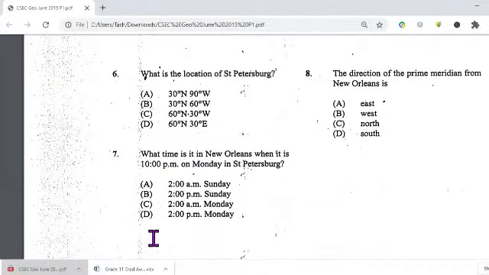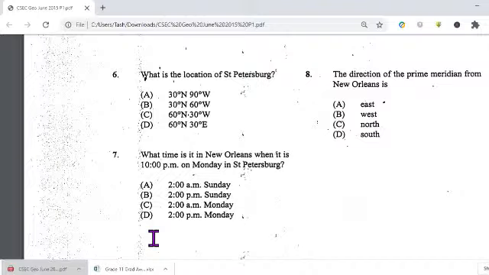Number 7. What time is it in New Orleans when it is 10 p.m. on Monday in St. Petersburg? So let's go work this one out.